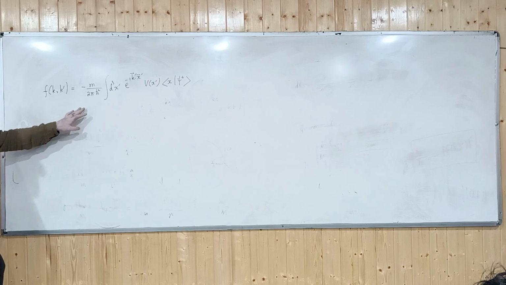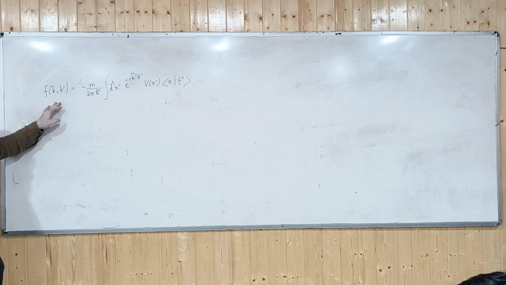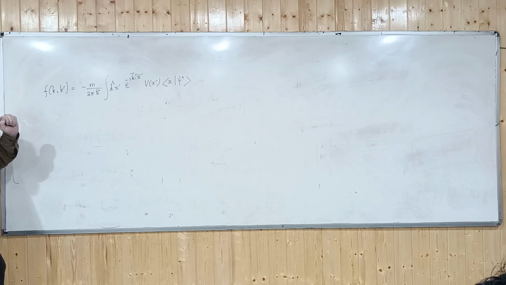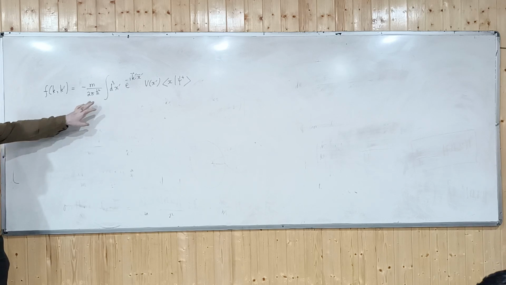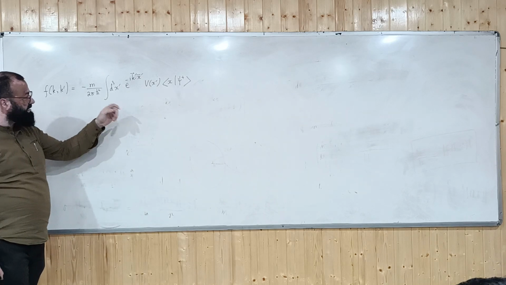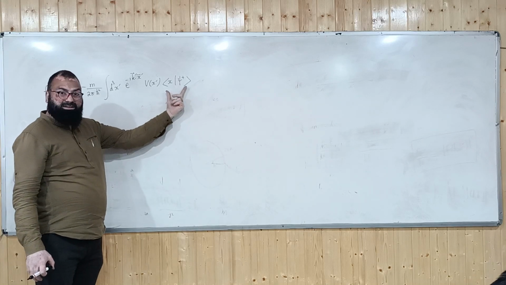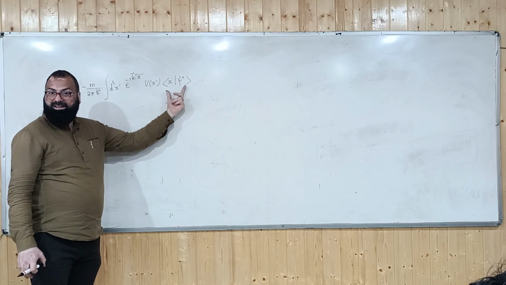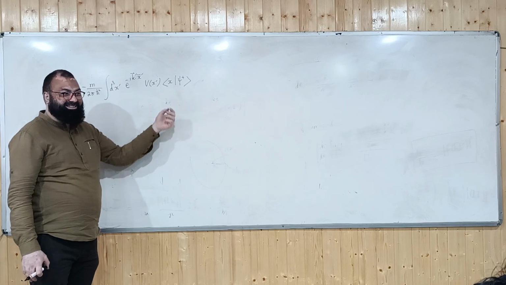Now look here, if I need to figure out the differential cross section of a given process, I need to find what this scattering amplitude is. For that, I need to calculate this very integral, but this integral contains a term that depends on psi plus. Clear? What is psi plus?